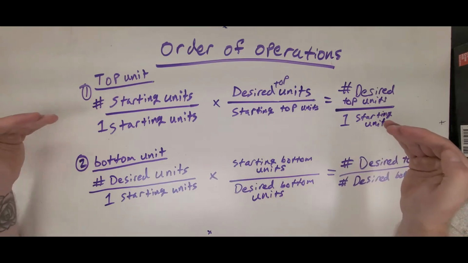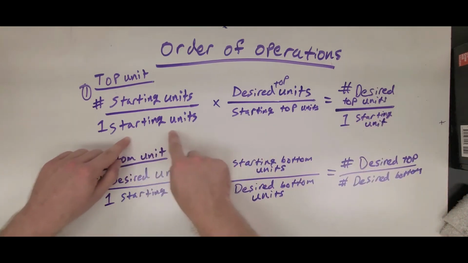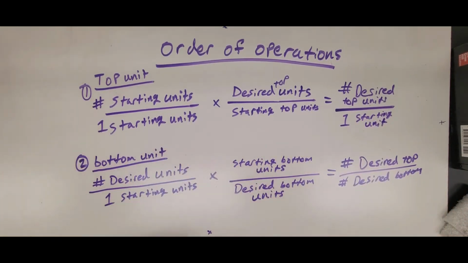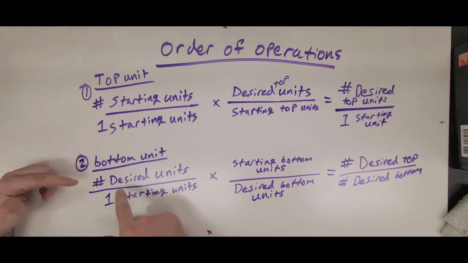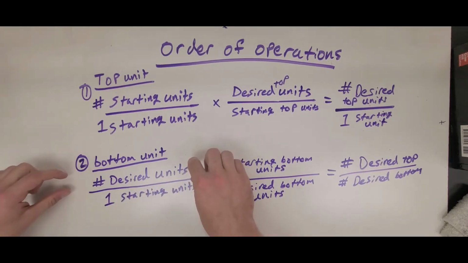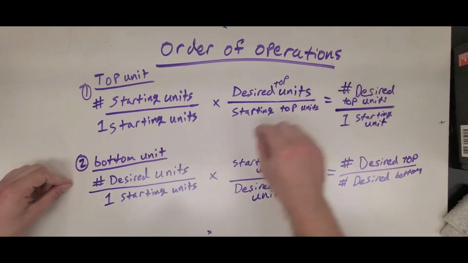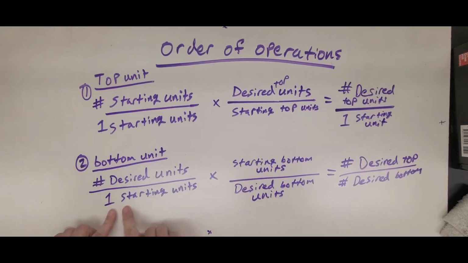We add one more step because we got to change this bottom unit to whatever we want. If we were going from miles per hour to feet per second, we got to change that unit of time now. So let's go down here. We have our number of desired units that we already had on top. That was from up here. Now we need to change these starting units.